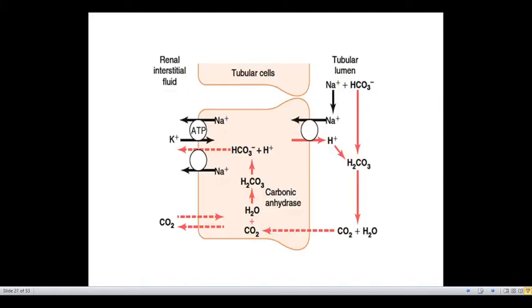The figure shows the cellular mechanisms for tubular reabsorption of bicarbonate ions by combination with hydrogen ions to form carbonic acid, which dissociates to form carbon dioxide and water, and carbon dioxide later diffuses into the luminal membrane of the renal tubular cell.